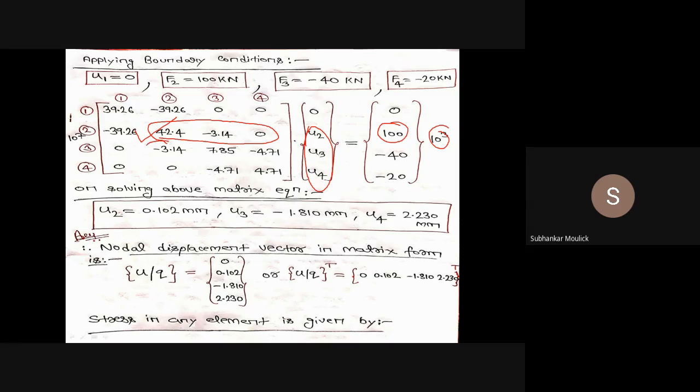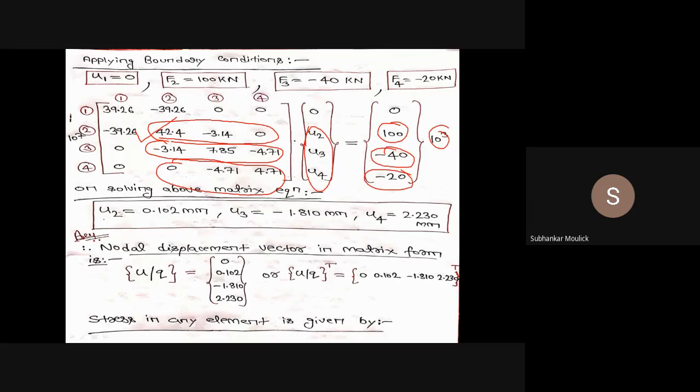If you multiply this particular row with this particular column, you will get the RHS equal to this particular value. Similarly, if you multiply this particular row with this particular column, you will get the third equation, which is equal to minus 20 into 10 to the power 3. So you are having three equations and three unknowns, that is u2, u3 and u4.